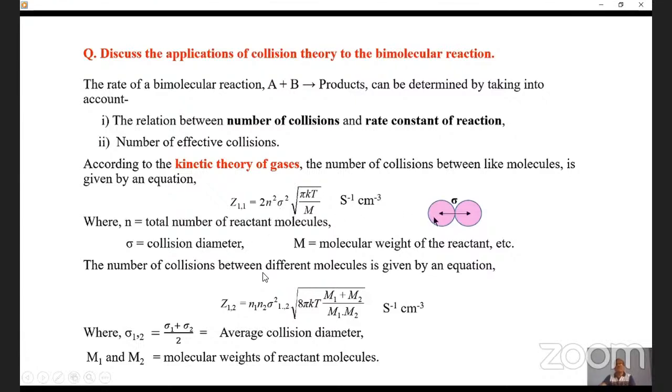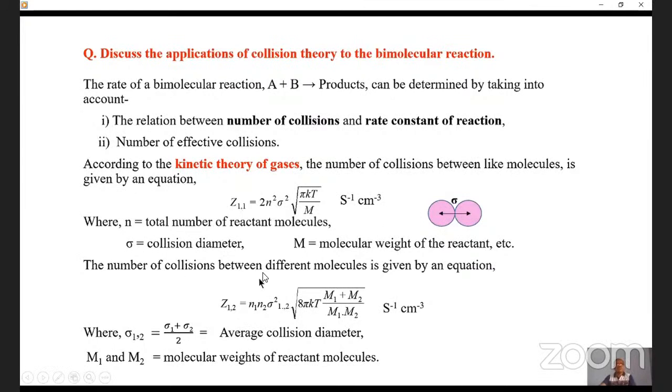Collision diameter is the closest distance of approach between the two collided molecules, and m is the molecular weight of the reactant molecule.